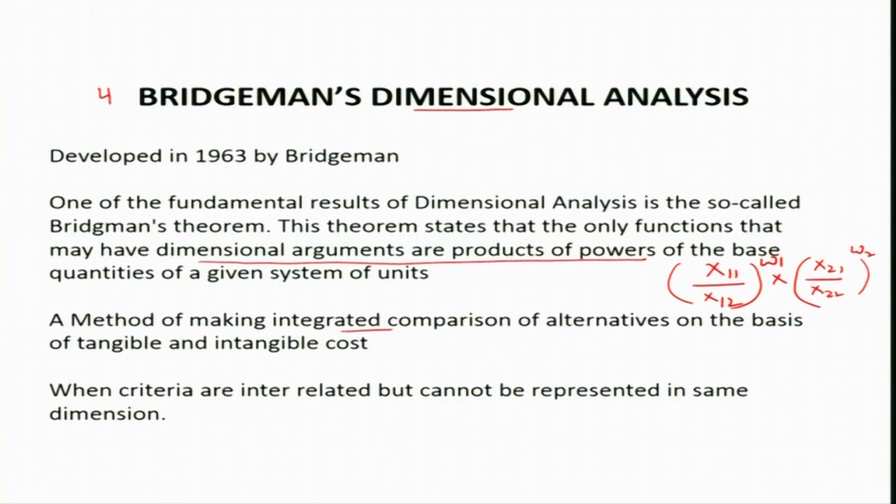So it is not necessary that all my dimensions are of the same nature. It can be in the form of cost, or availability of labor, or electricity quality, or it can be with respect to political stability. So any such dimension, any such criteria, can be considered here.